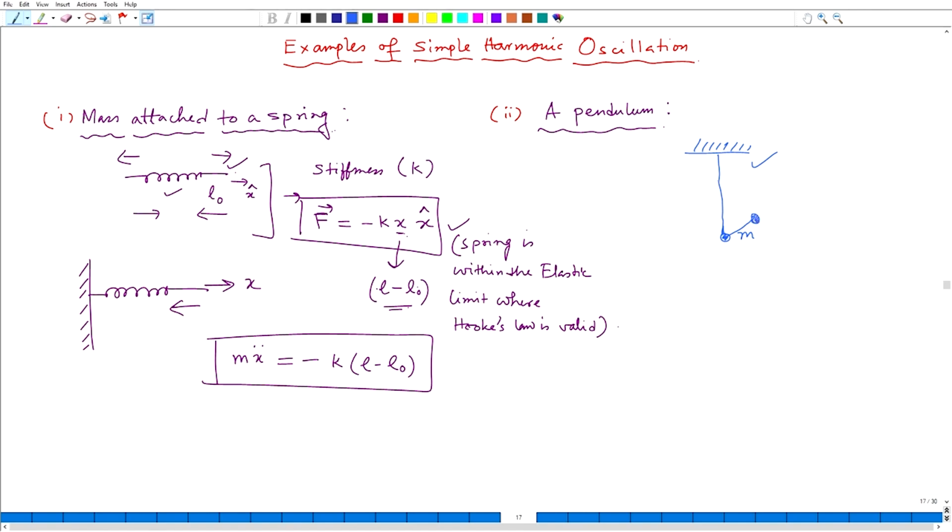The assumption on the string is that it is massless and inextensible. That means if I take the bob over here, the string length will not change. So if this is L, this should be L. So it is expected to describe an imaginary circle over here with radius L.